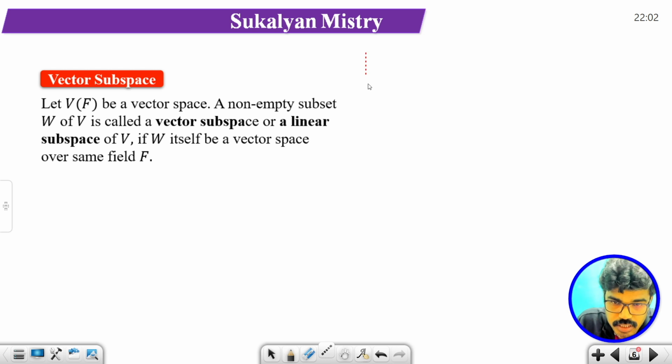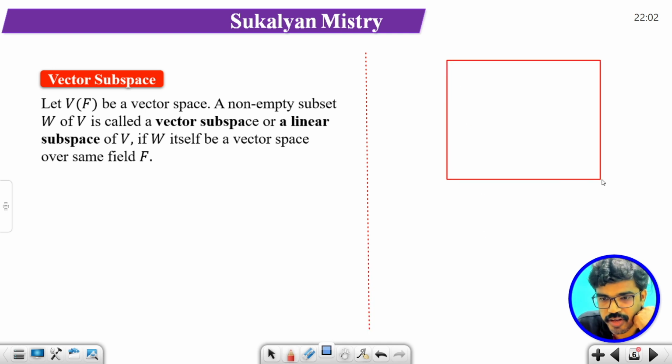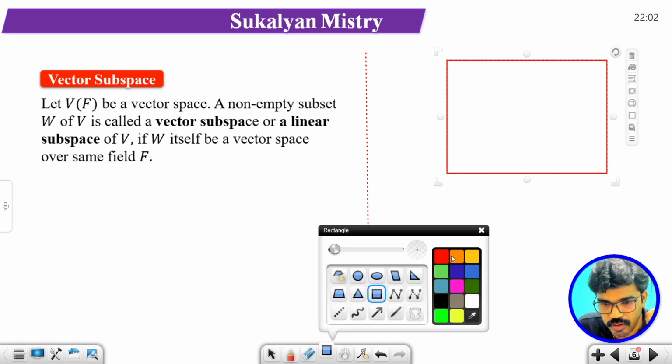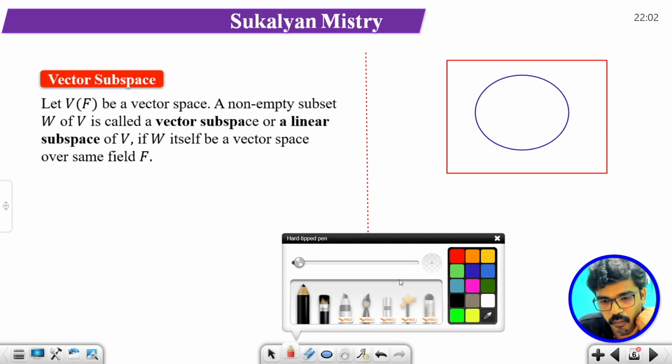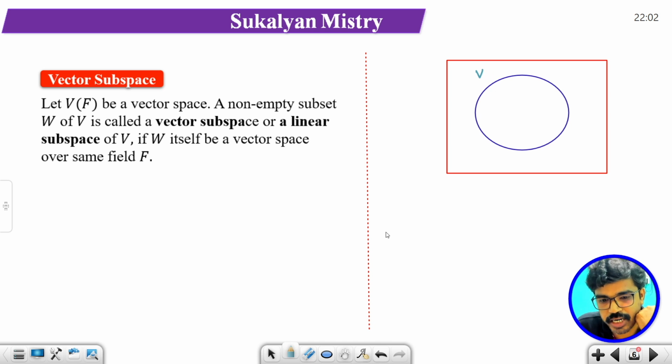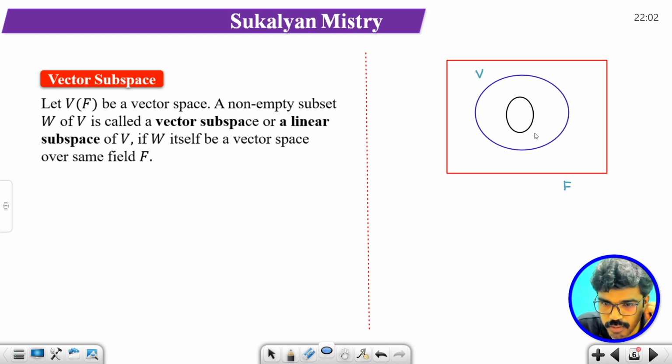Suppose V is a vector space over the field F, and we consider a non-empty subset W. W is a subspace of V if W is itself a vector space.